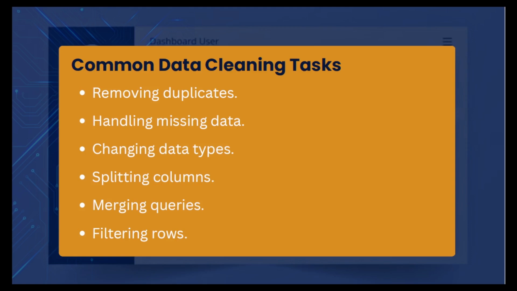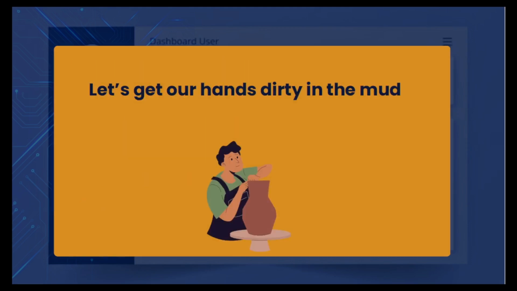And then you filter rows. If you don't want to see certain data, you can filter it, and when you load it on Power BI it will not appear. Those rows that you filter, you will not be able to see by the time you load them on Power BI.